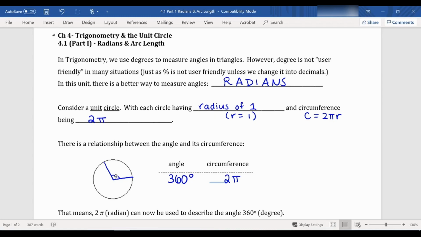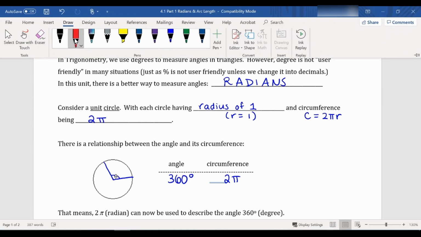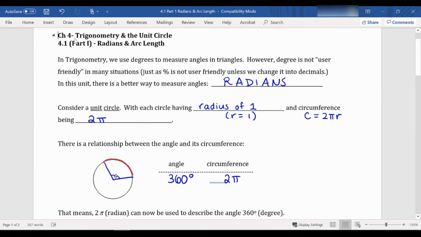Maybe it's 2/3 of our circle, maybe that is 2/5 of our circle, however big a chunk we want to take out of our circle there. And the distance around the outside of the circle, the circumference of that chunk there, would be proportional to the entire circumference, with the same ratio that that angle is proportional to the entire inside angle of our circle, 360 degrees. So in this case, this is a radius of 1.